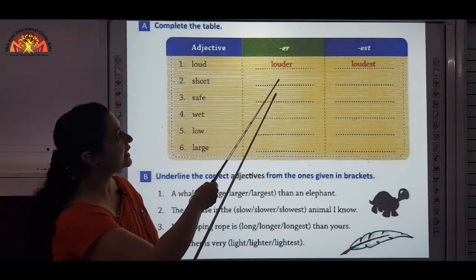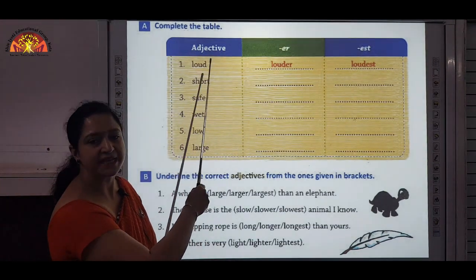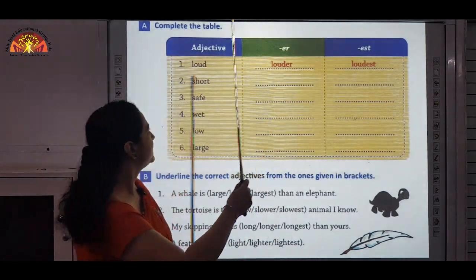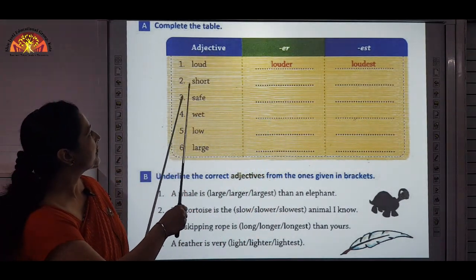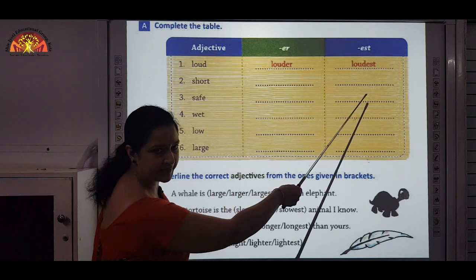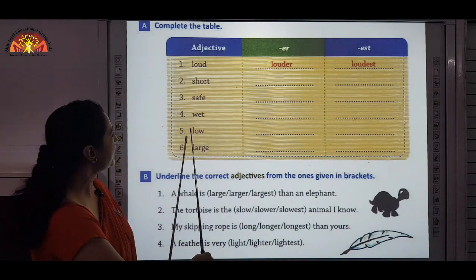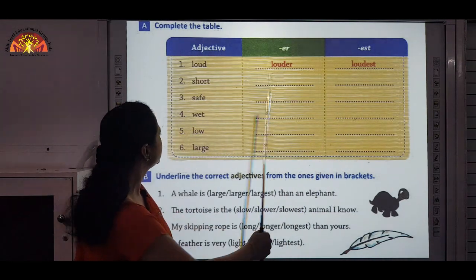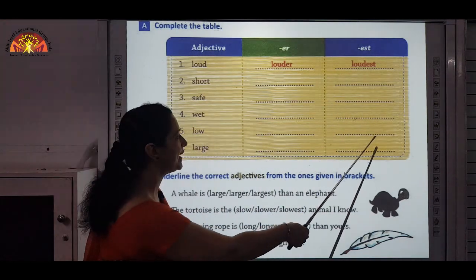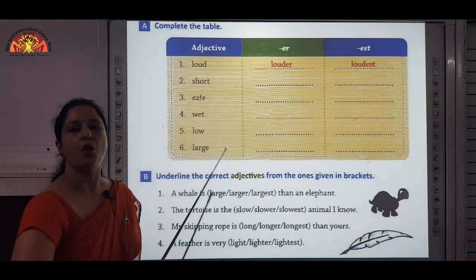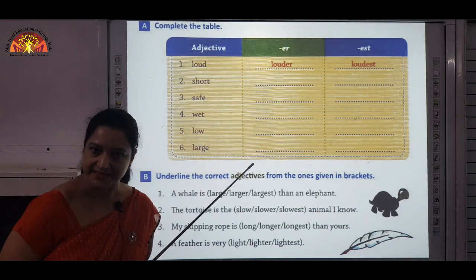Now the comparative degree of loud is louder and the superlative degree of loud is loudest. So come to 2: short, shorter, shortest; safe, safer, safest; wet, wetter, wettest; low, lower, lowest; large, larger, largest. So these all are degrees of comparison.